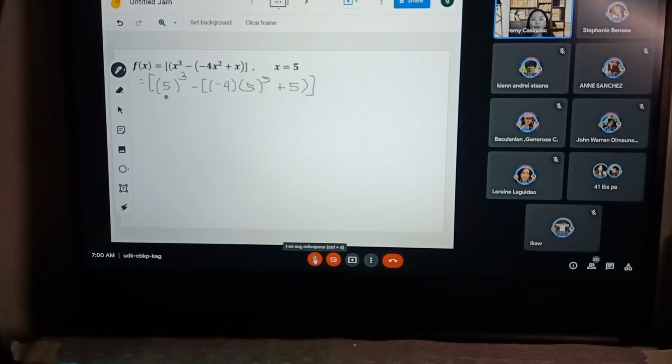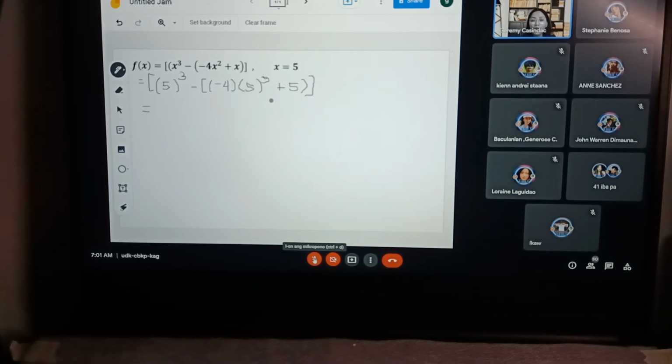Okay. So what would be the first operation that we must perform? Yung nasa loob ng parenthesis. Okay. And kapag nasa loob na tayo ng parenthesis, so what would be the next step? Yung isi-simplify natin yung merong exponent po. Exponent. Okay?